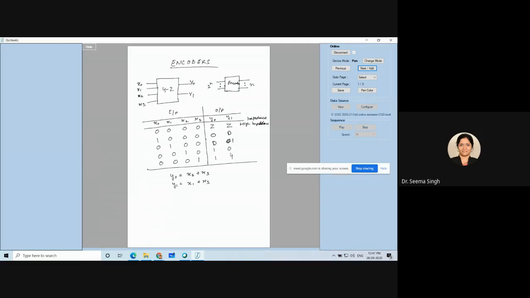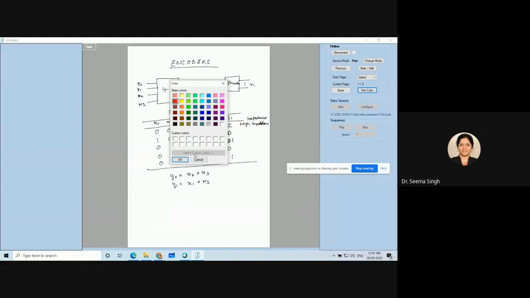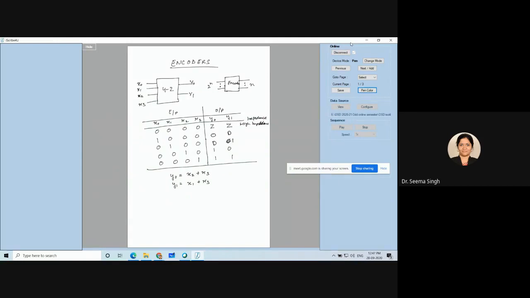Okay, I will try to explain with this. I hope you people will understand. Now I am updating your truth table for the priority encoder.